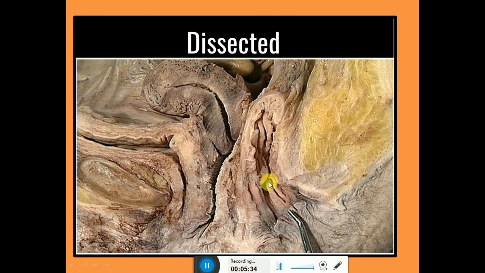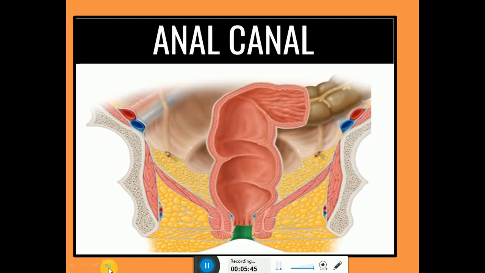So here you can also make out that anterior to it there are two organs in the female pelvis. First one is the urinary bladder, and the next one which is present here is the vagina. Also you can make out, this is the dilated portion of rectum.